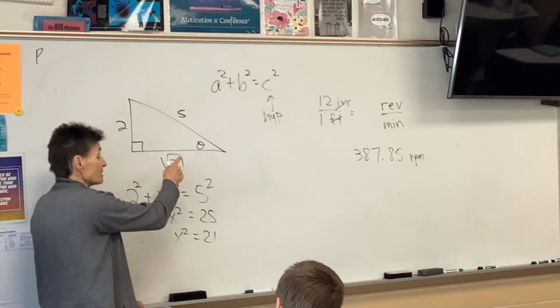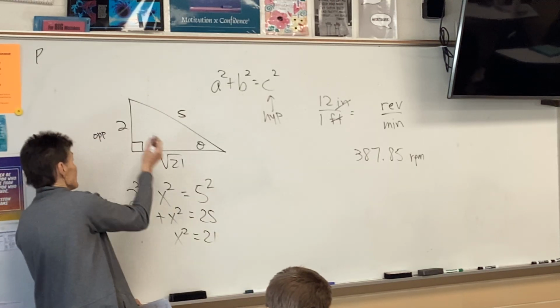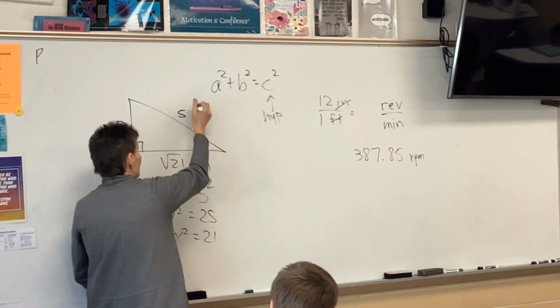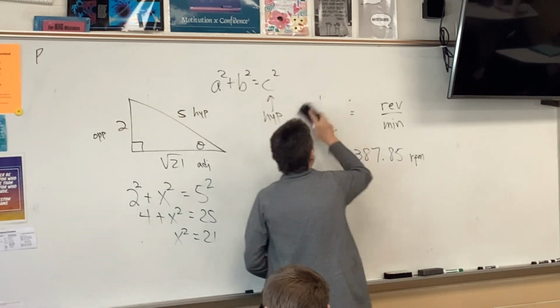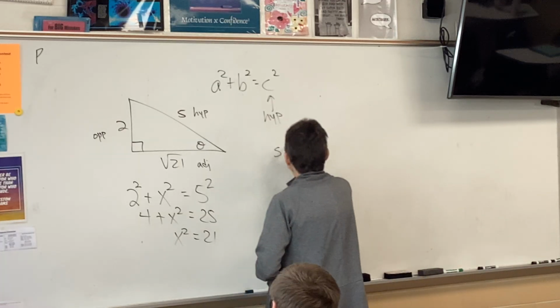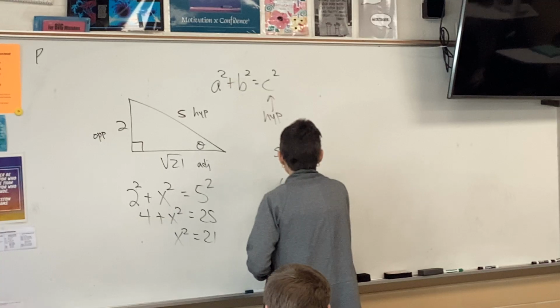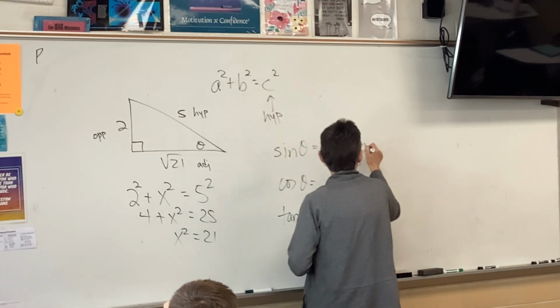Now, this theta is in the same place as the other one was. So here's our opposite, here's our adjacent, and of course this is our hypotenuse. Now that I got the right problem, we're ready to do our functions. And we're doing all of them.